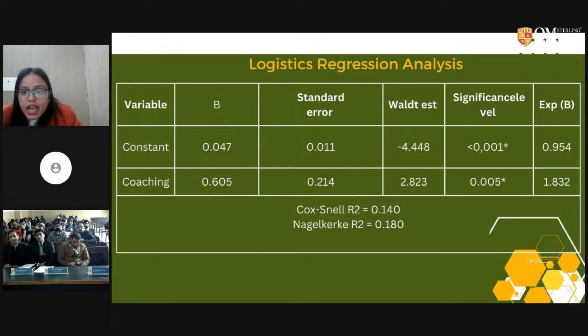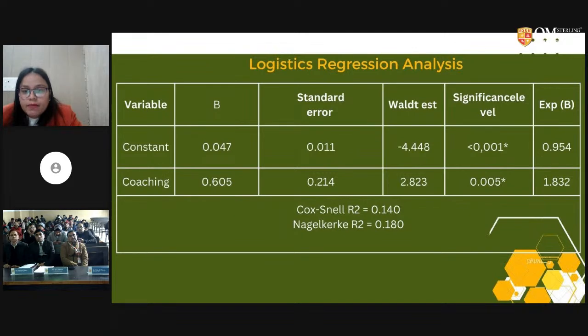Then we have the exponential value, which is written in brackets as Exp(B). This is the beta value, on the basis of which we can say how much contribution is made by the independent variable in the dependent variable. And from this, we can say whether it is significant or not. So we can say that coaching is significant because its significance value is less than 0.05, and the value is 1.832.